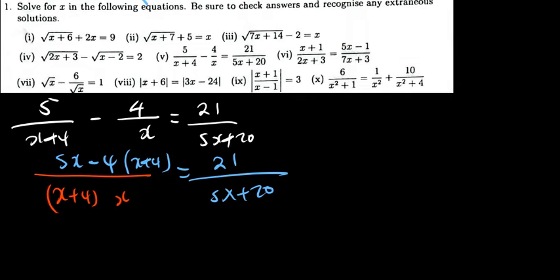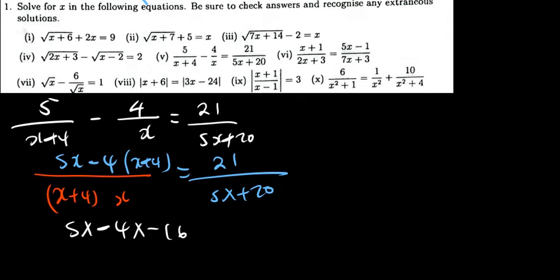Next, I can simplify the top part here. So it's going to be 5x minus 4x minus 4. 4 times 4 is 16. So that's what we're going to have.